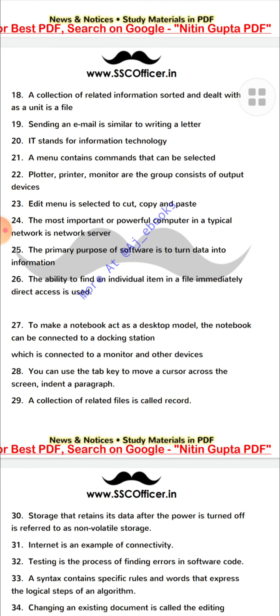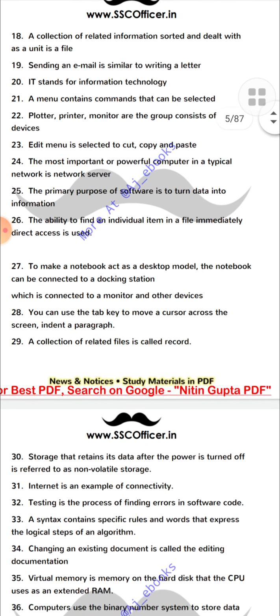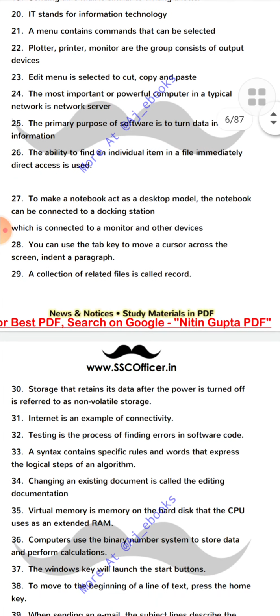To make a notebook act as a desktop model, the notebook can be connected to a docking station, which is connected to a monitor and other devices. You can use the tab key to move the cursor across the screen or indent a paragraph.